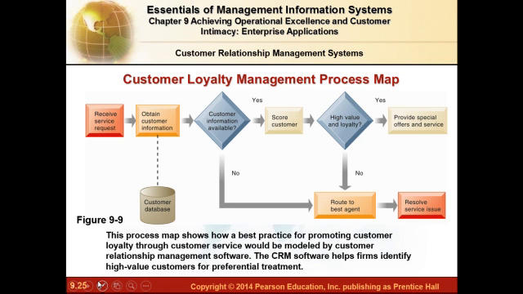This figure shows you the customer loyalty management process map. This process map shows how a best practice for promoting customer loyalty through customer service would be modeled by customer relationship management software. The CRM software helps firms identify high value customers for preferential treatment.